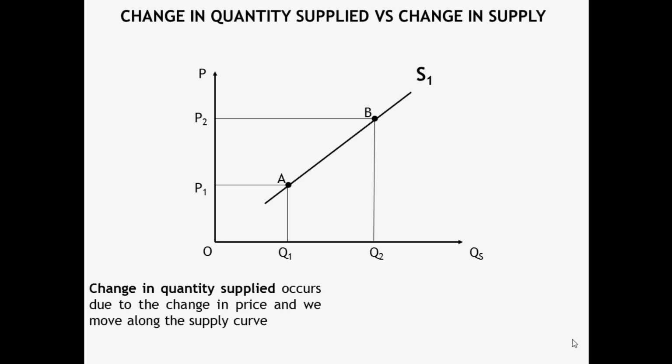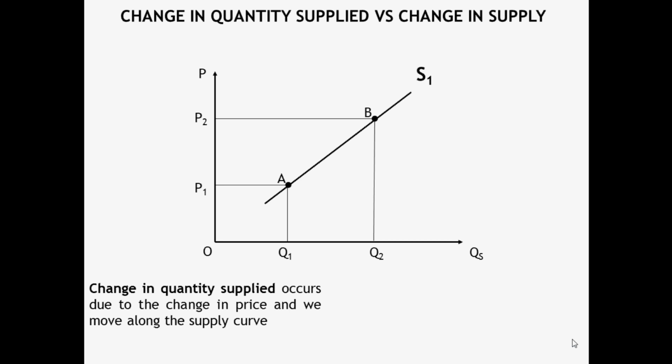In the figure, at point A, price of the product is P1 and quantity supplied is Q1. Remaining the price fixed at P1, if prices of inputs fall, it will reduce the cost of production of the producer. And as price is fixed, producers will get a greater profit margin, which will motivate them to produce more.